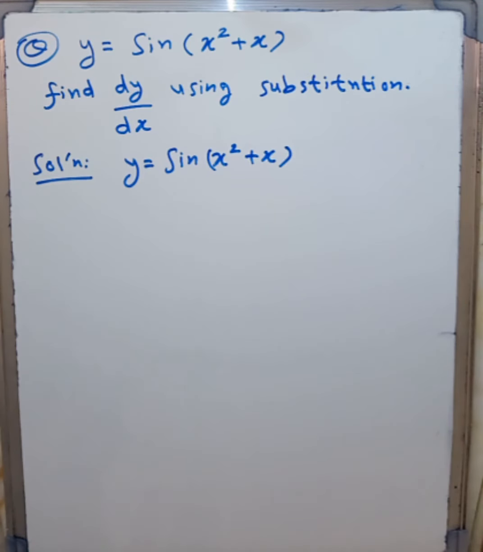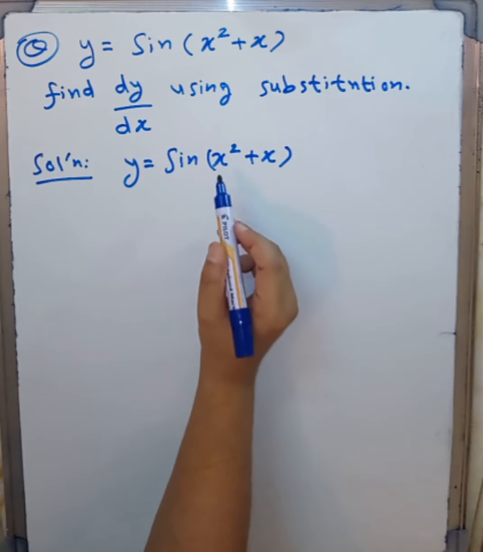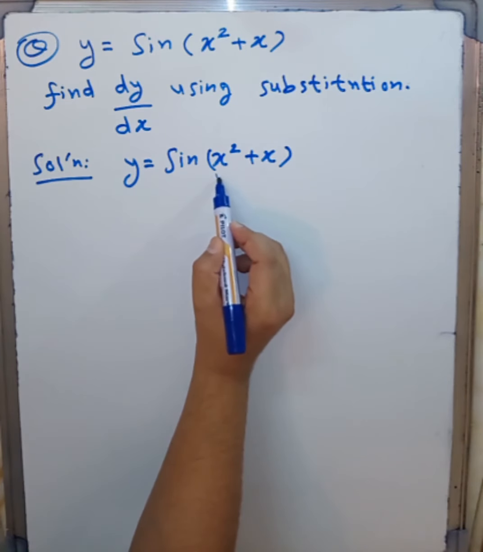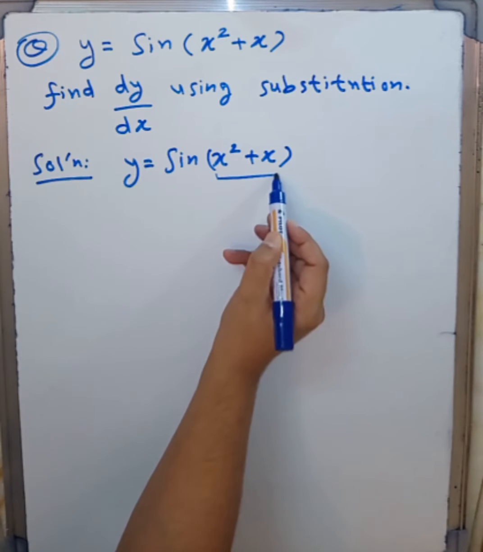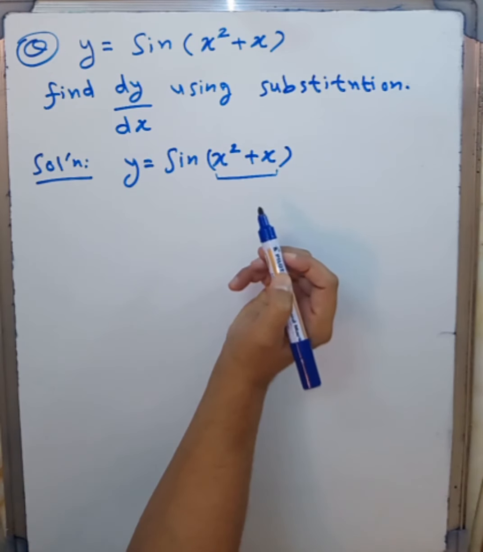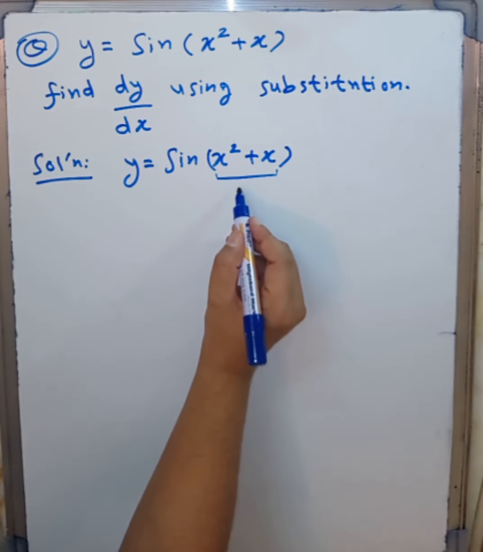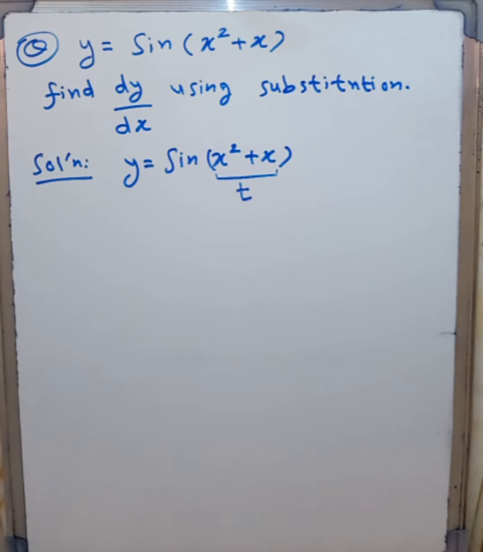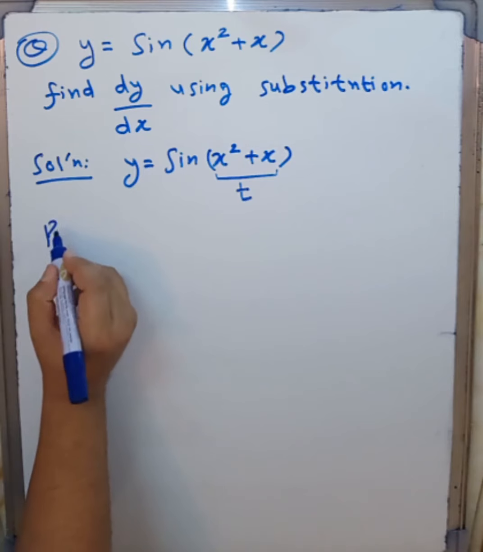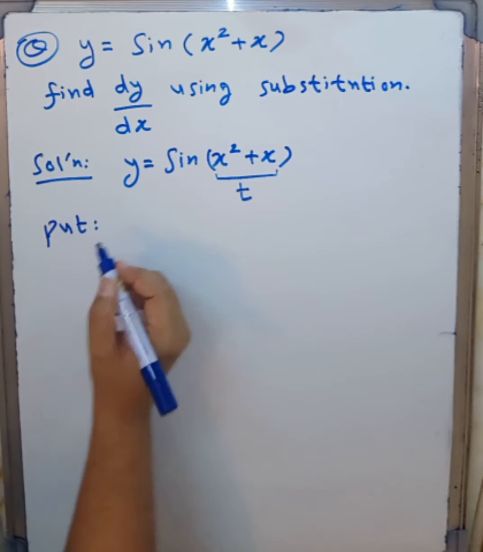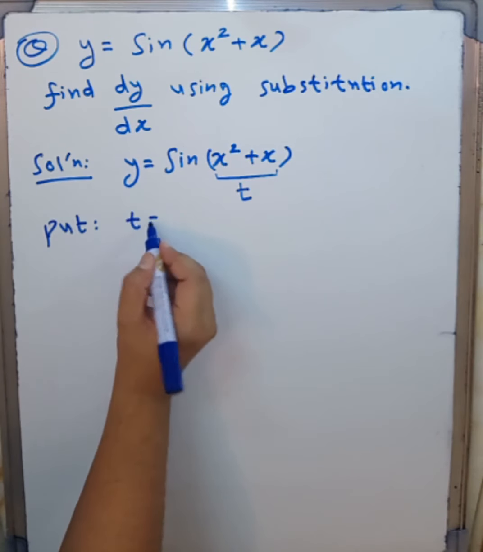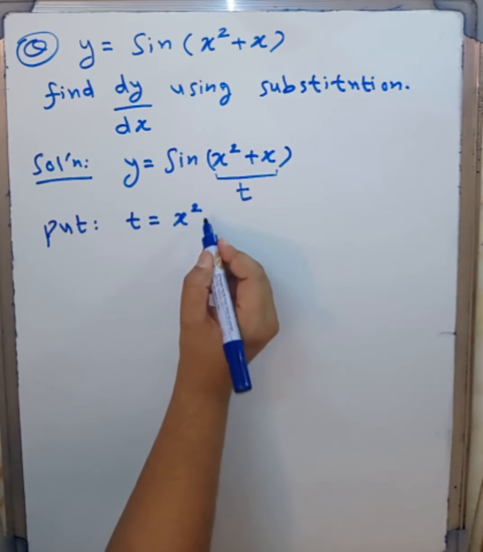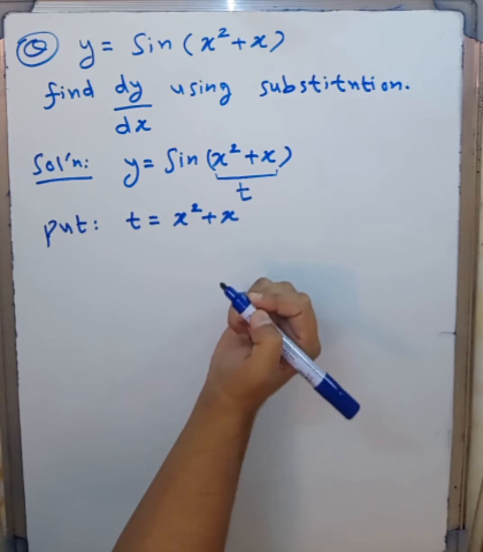So this is a composite function, and we have already discussed that in this case, when we want to use substitution, we will substitute our x square plus x as some variable. I am using t. So we will write it as, put t is equal to x square plus x.